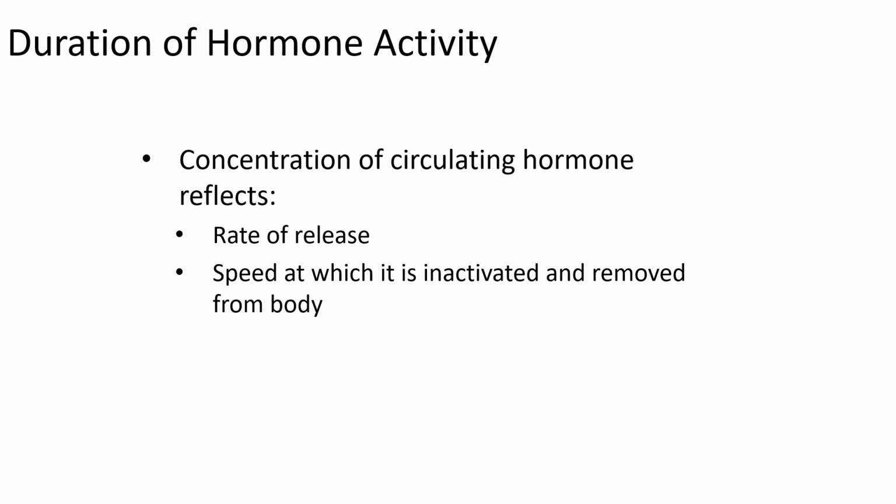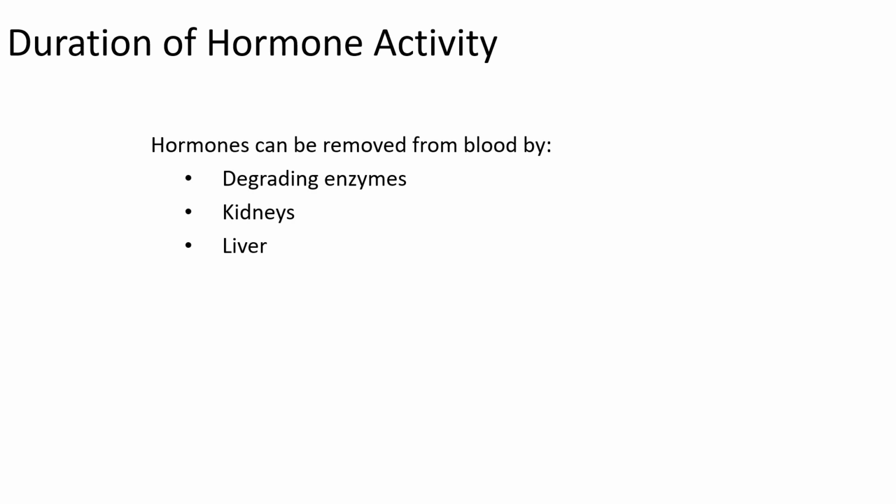A hormone will accumulate if it is released faster than it is cleared, and it's going to decline if it is cleared faster than it is produced. Hormones can be removed from the blood by enzymes. The kidneys do a great job of filtering and removing hormones in our urine, and then the liver serves as a filter and can remove hormones as well.